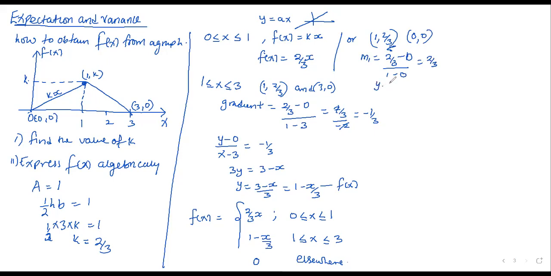So y minus 0 over x minus 0 is 2 over 3. And this is how I would deduce y is equal to 2 over 3 x, which is the same as this one.